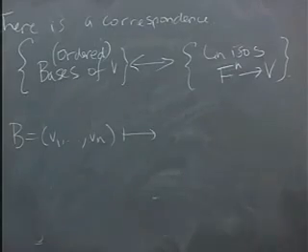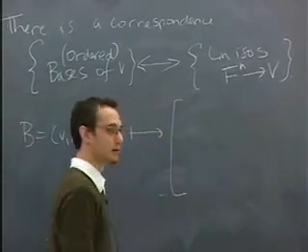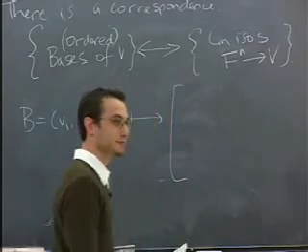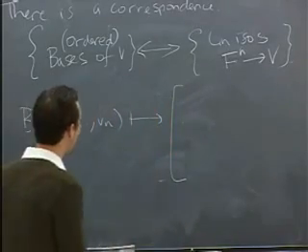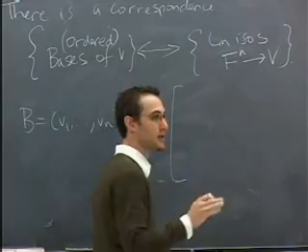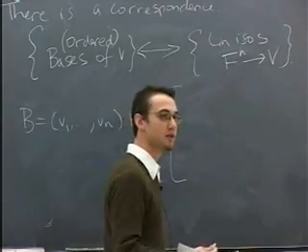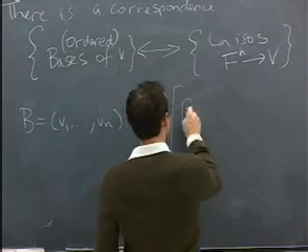Yes? Exactly. Paraphrasing and introducing a bit of notation, which isn't standard, it's not in the book or anything, but it's going to be a useful notation for the purposes of this lecture.